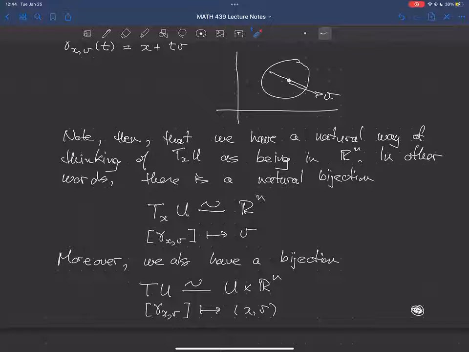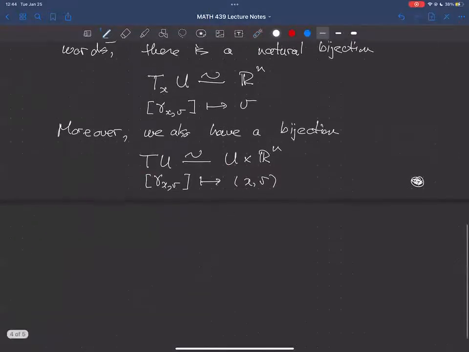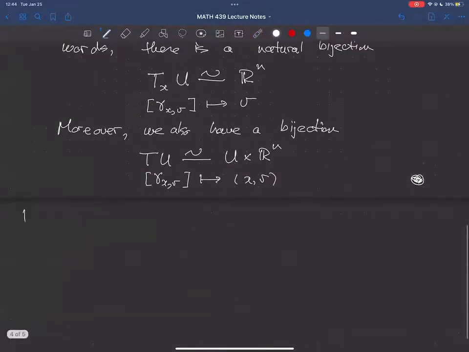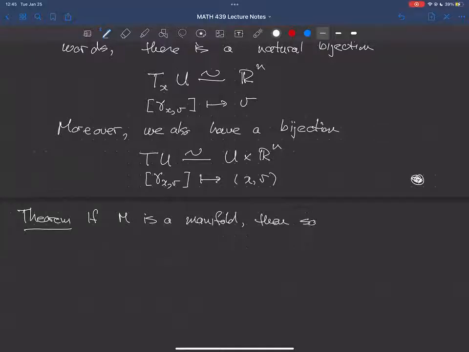let's do the following thing. We're going to show that the tangent bundle of a manifold is a manifold.